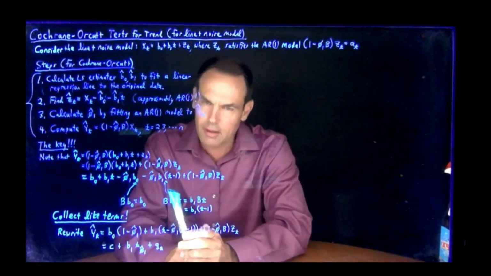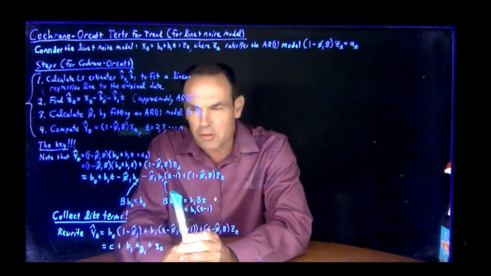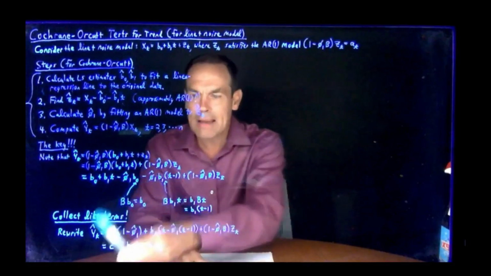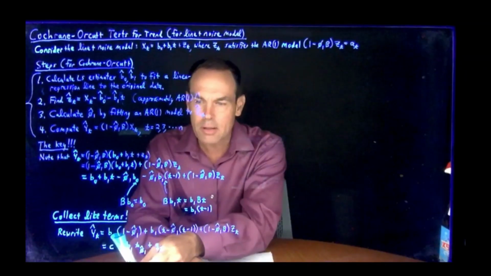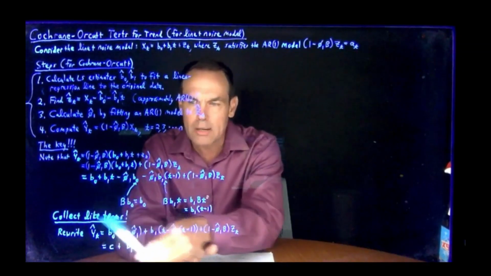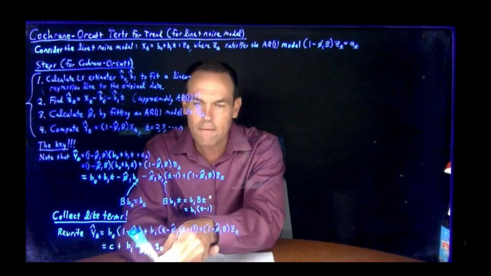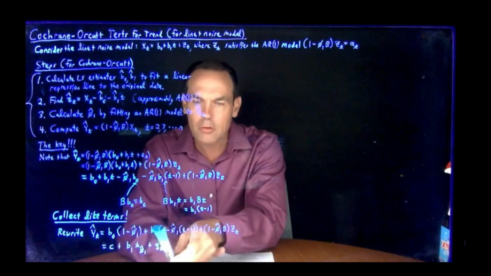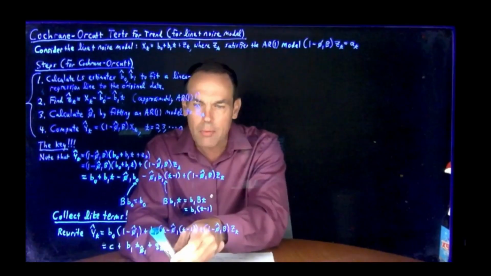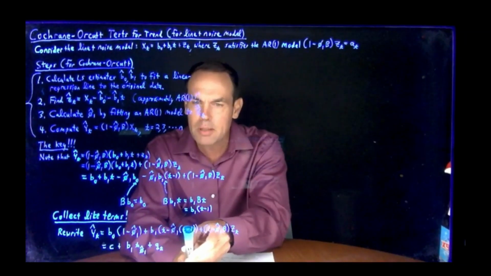Okay, well, still, we could look at that and say, I'm not sure why that's the key, but let's look a little closer. We can collect like terms and rewrite our y hat t as, let's collect the b naught terms. Notice we've got a b naught here and a b naught here. So we can pull out the b naught and say 1 minus phi hat 1. Then let's do the same thing with b1. We've got a b1 term here and a b1 term here. Pull out the b1 and multiply by t minus phi hat 1 times t minus 1.